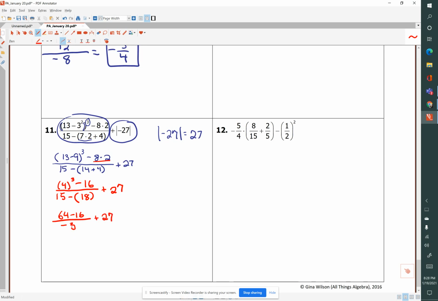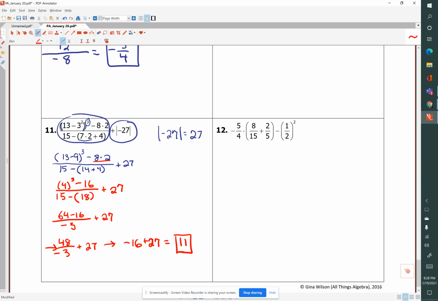Let's keep simplifying. 64 minus 16 is 48, which is divided by negative 3, to which 27 is added. Now, we have to work with this grouping symbol. 48 divided by negative 3 is negative 16, plus 27, and negative 16 plus 27 equals 11.